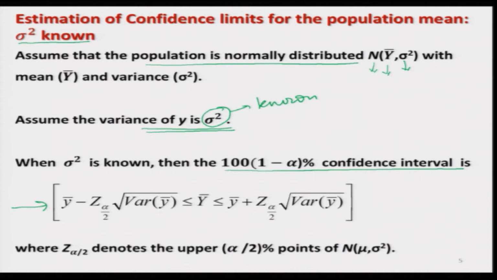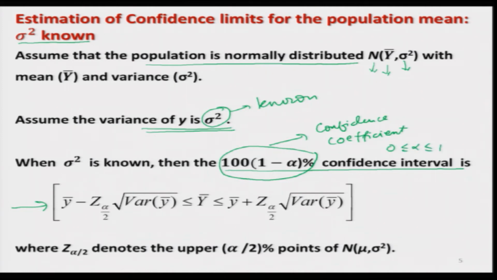If you try to see, there are several quantities written in this expression. Let me explain them one by one. This quantity, 100 (1 minus alpha)%, is called the confidence coefficient, and alpha is a value lying between 0 and 1.